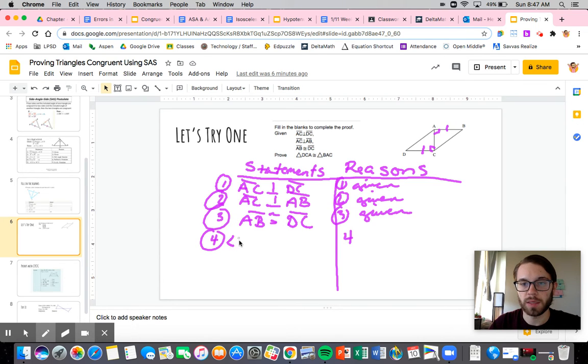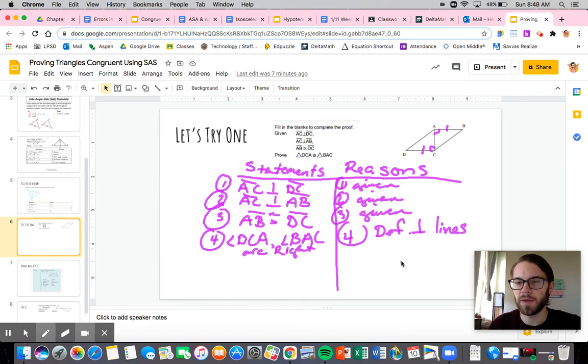So angle DCA and angle BAC are right. Well, where does that come from? That just comes from the perpendicular lines. Okay, and then don't forget that symbol just means perpendicular. If you want to write perp instead of that, that's perfectly fine.